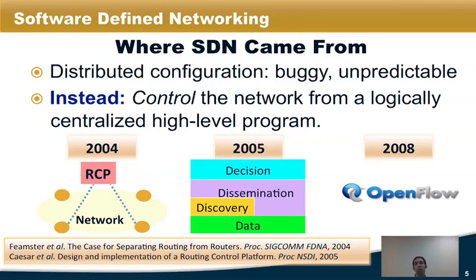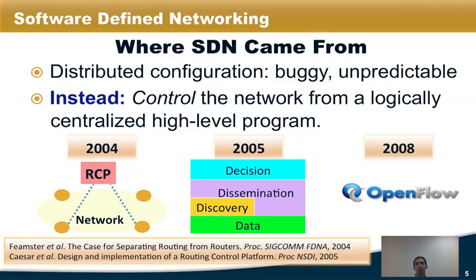What we would do is take configuration and analyze it and try to infer the behavior of the network from those lower-level configuration files. One example where we did this was to take BGP configuration, analyze it, and try to figure out what the interdomain routes would be based on that configuration.